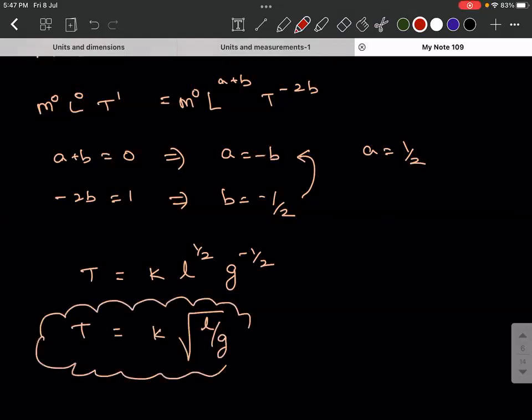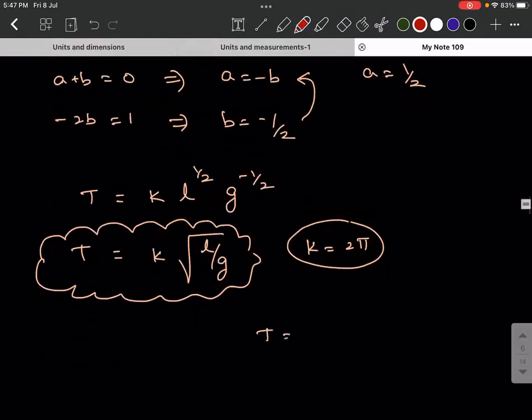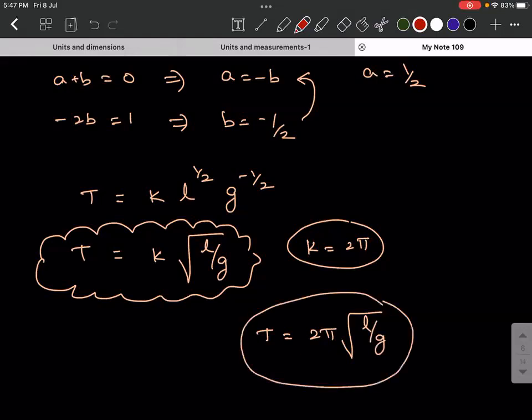And this is called the time period of a simple pendulum, where the value of k is equal to 2 pi, which we cannot find dimensionally; we can only find it experimentally. So the actual formula is T is equal to 2 pi into root of L divided by g. Right?